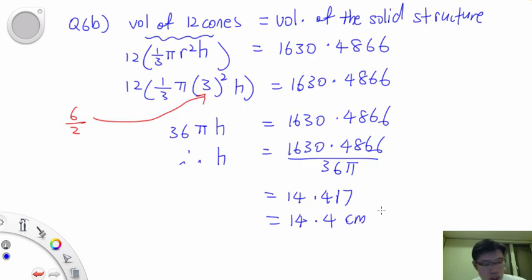Again, give your answer up to 3 SF. So this is question 6B.